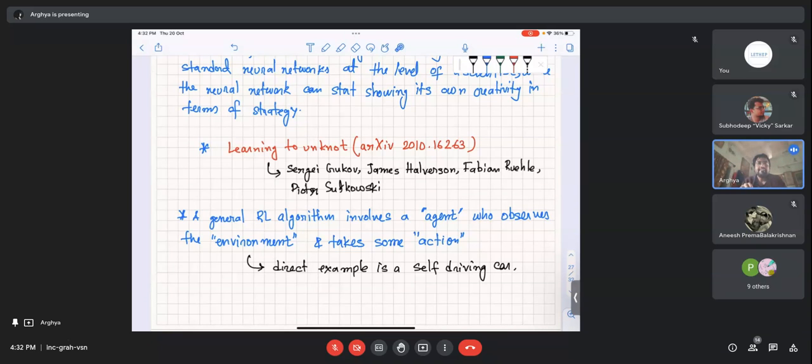So in a general reinforcement learning algorithm, there is an agent who observes the environment and takes some action. For example, in a self-driving car, the car itself is the agent who looks at the environment, which can be the traffic condition, and takes the action, which is the movement of the steering, clutch, and gear. So that's the relationship in reinforcement learning algorithms.